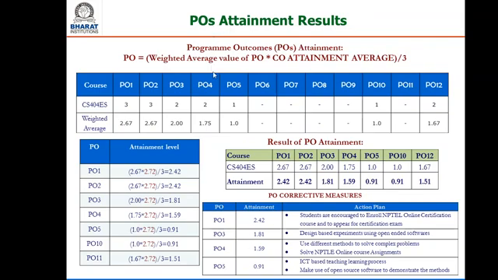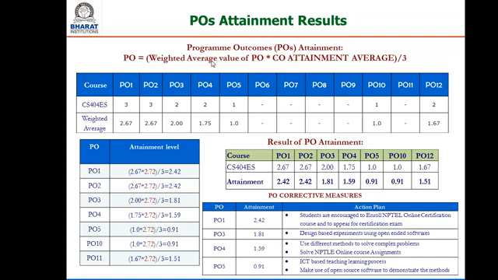Then coming to the computation of PO and PSO attainments. The formula for computation of PO attainment or PSO attainment is the weighted average value of PO into CO overall attainment average, whole divided by the benchmark target level, which is 3.